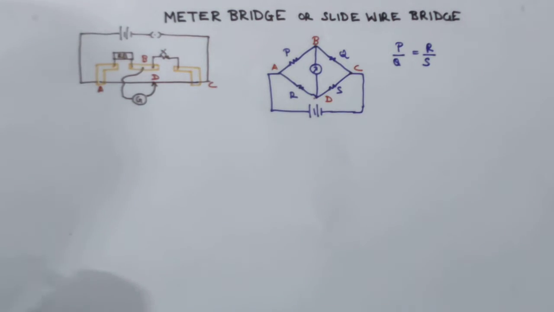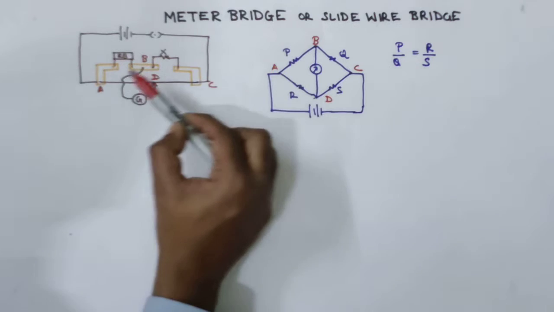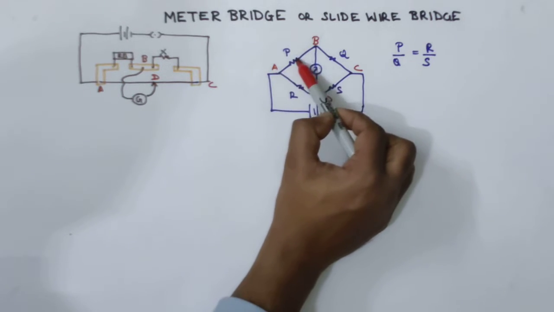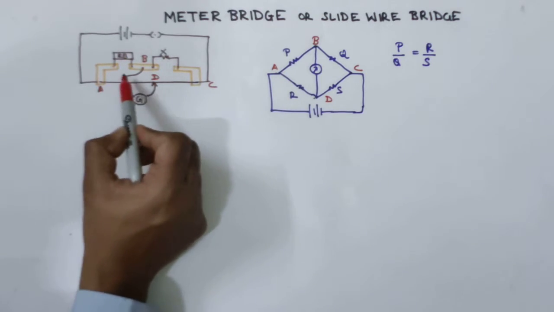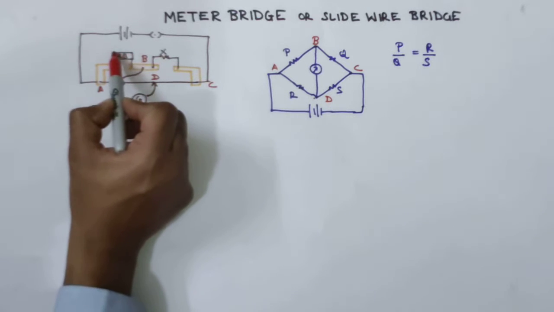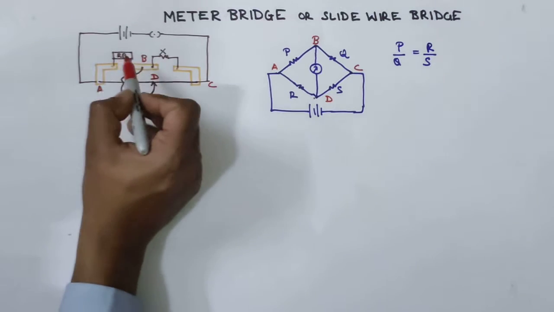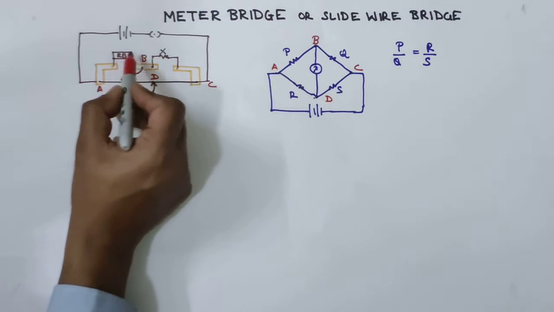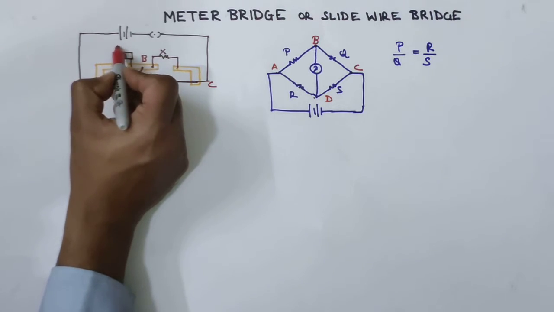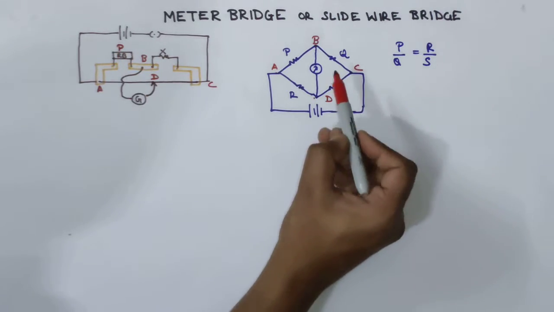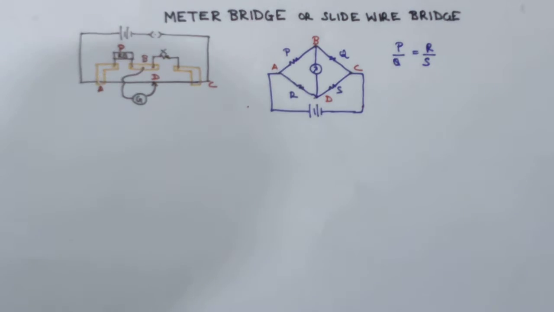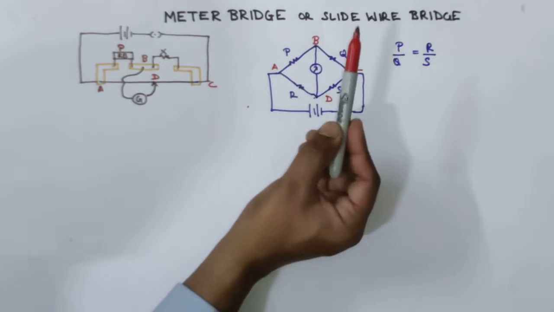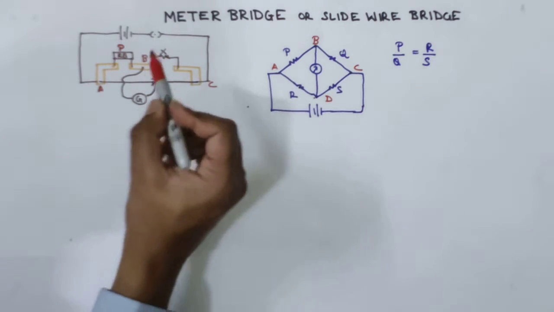Now as you can see from here, between the terminals A and B, resistance P is connected. So over here, the work of this P is done by this resistance box. So whatever resistance we take out from the resistance box, that works as a resistance P. Now similarly, between the terminals B and C, the Q resistor is connected.